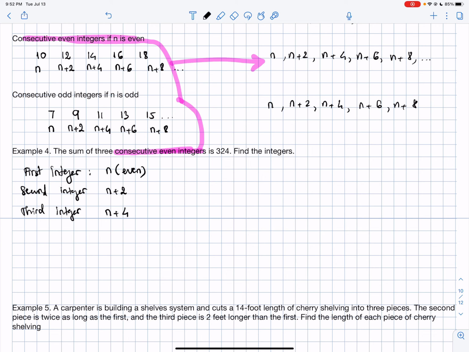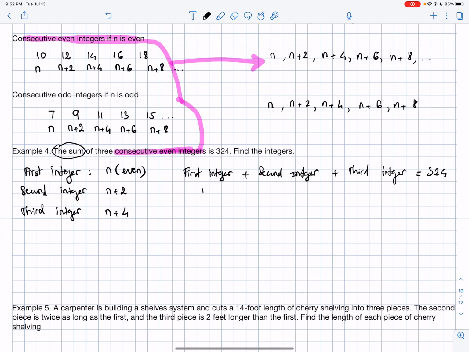Now we're going to use the number 324 given in the problem. They say the sum, that means we add them together. It means the first integer plus the second integer, and then plus the third integer, is equal to 324.